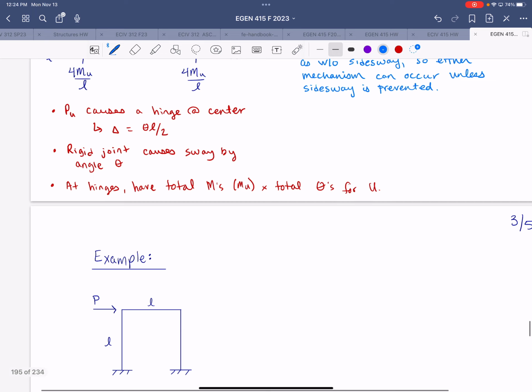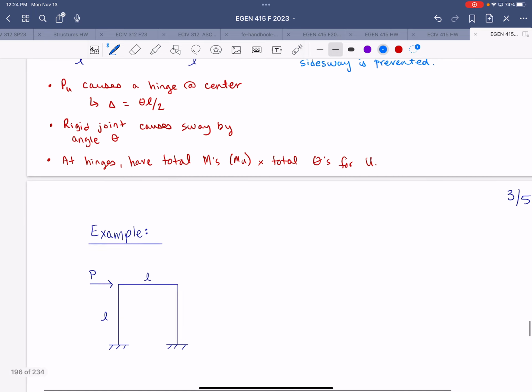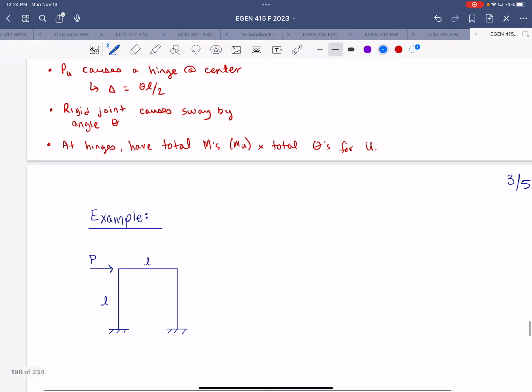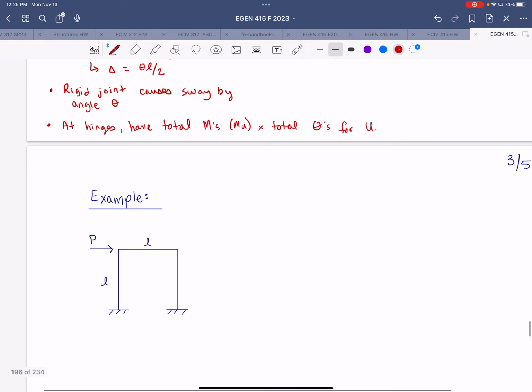All right, so now we'll go through another example. This time we have a frame that has fixed supports at the base and a lateral load applied at the top of the left column. So in this scenario, it's more indeterminate than the previous frame, so we need more hinges to occur.